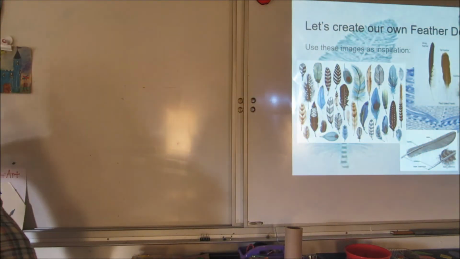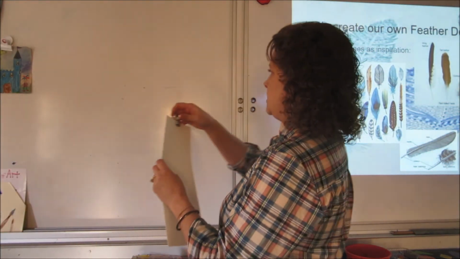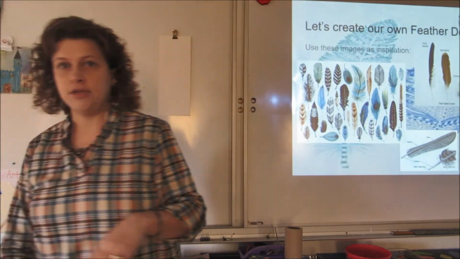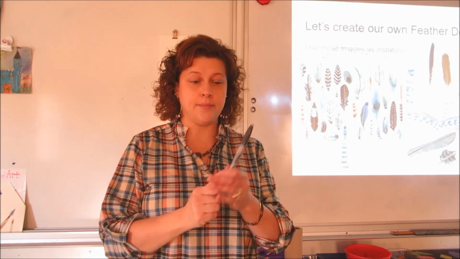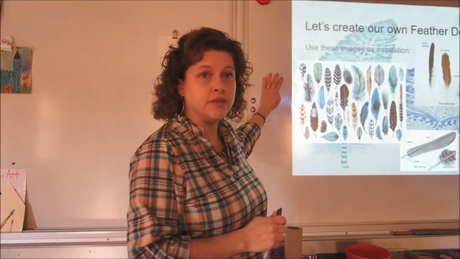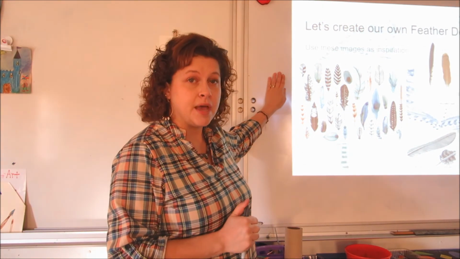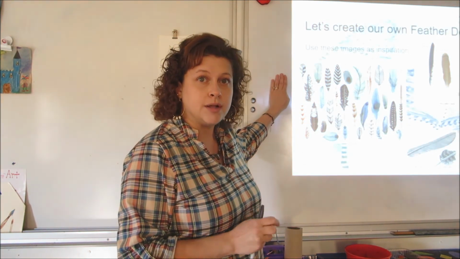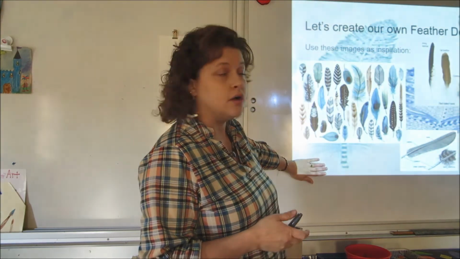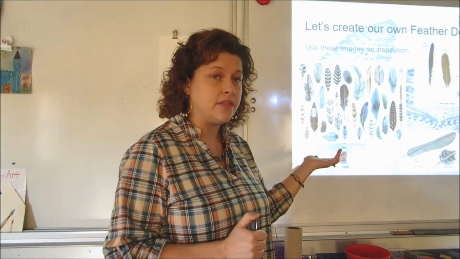I'm going to stick this up onto the board so that you can see it. You're going to use pencil, and because I'm on camera, I'm going to use a marker so you can see it. Now I have the image up here that we're going to be looking at. This will be up during class, and if you're watching this at home on the video on YouTube, you can pause the video on this slide to take a look at these feathers.